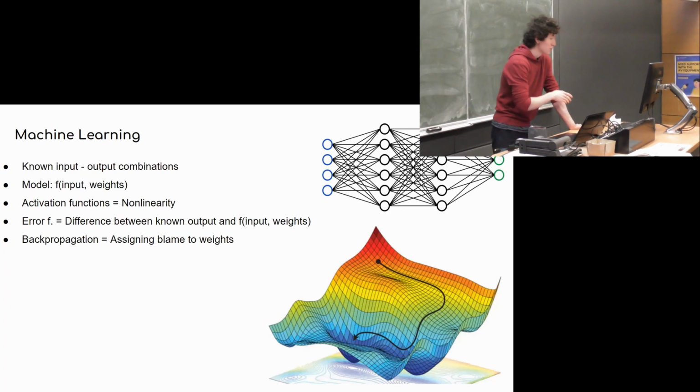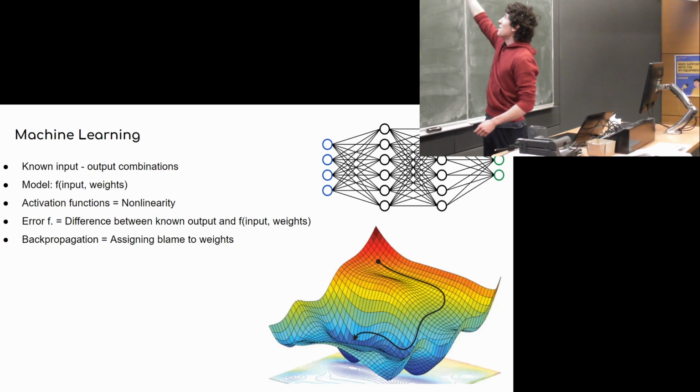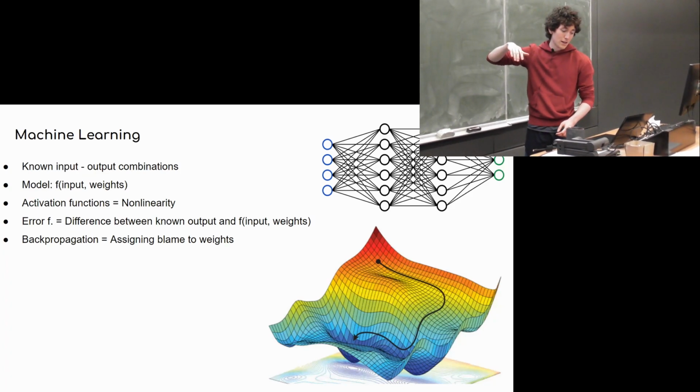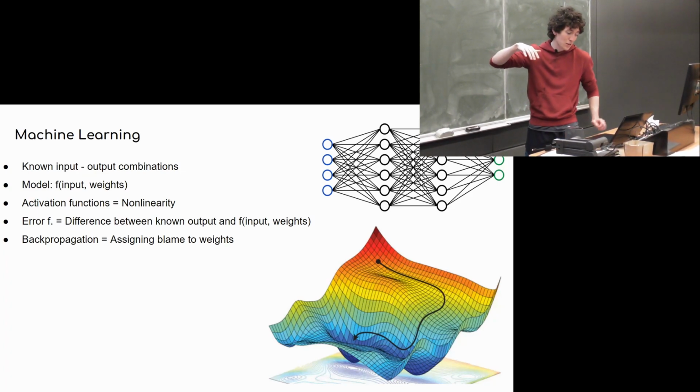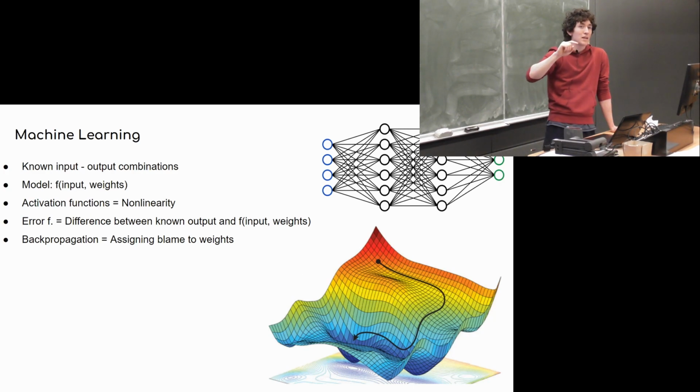So the derivative of the error function, the gradient, you can see with this weird surface here. The plane of this surface that we're using to project it is a space of weights. So when we take the gradient and we find the direction of greatest slope, we are finding which weights to assign blame to.